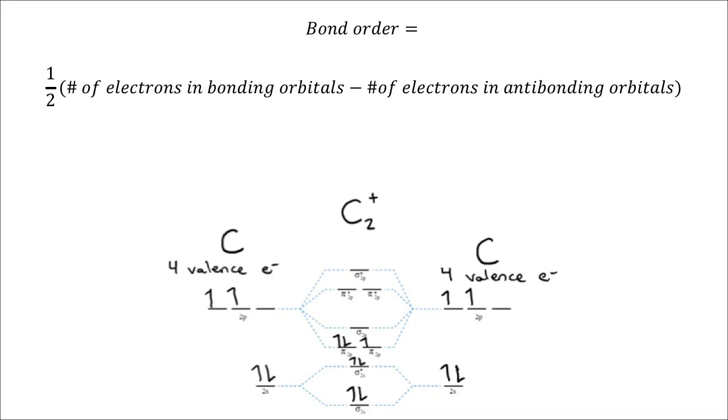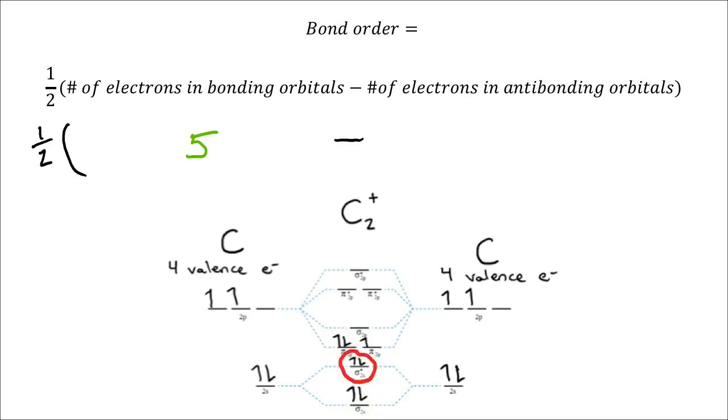So I can use that to find the bond order. First, I need to find the number of bonding electrons, or the number of electrons in bonding orbitals. Those are all the electrons that are in orbitals that don't have that star or asterisk next to them. So here you can see that I have 5 electrons in bonding orbitals. Then I want to subtract the number of electrons in anti-bonding orbitals.